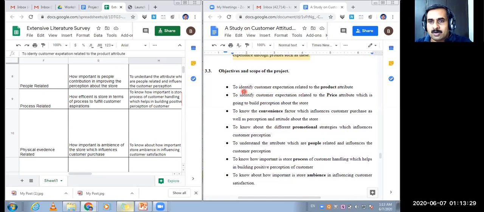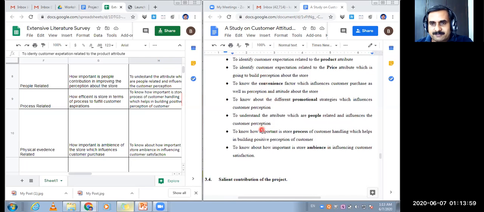So what all objectives am I going to cover: customer expectation related to the product attribute, customer expectation related to price attribute, then convenience factors, promotional strategy factors, people related attributes, process related attributes, and ambience, that is physical evidence related attributes. So these 7 factors are going to be the objectives of my research project report.